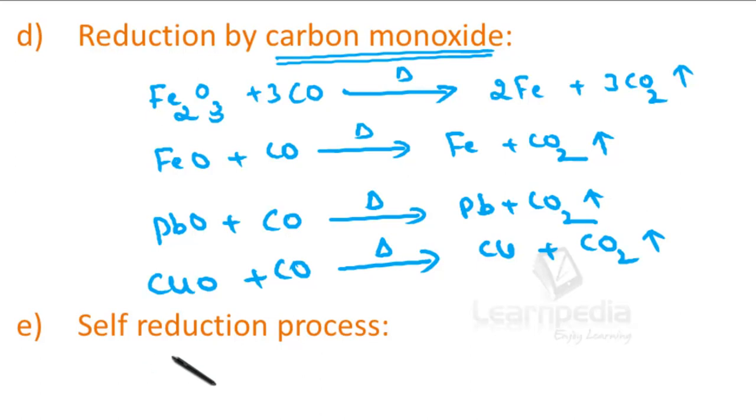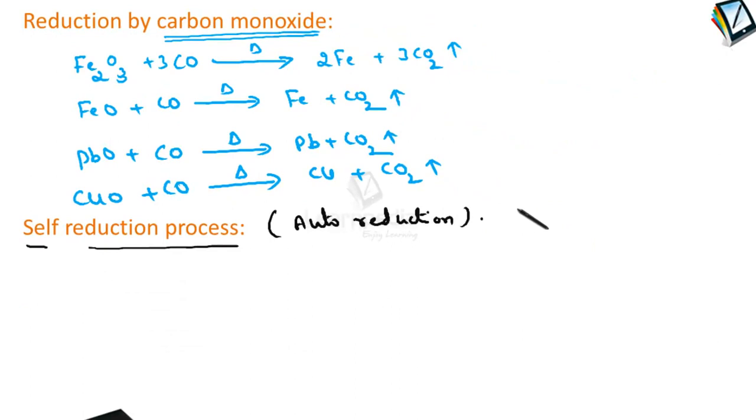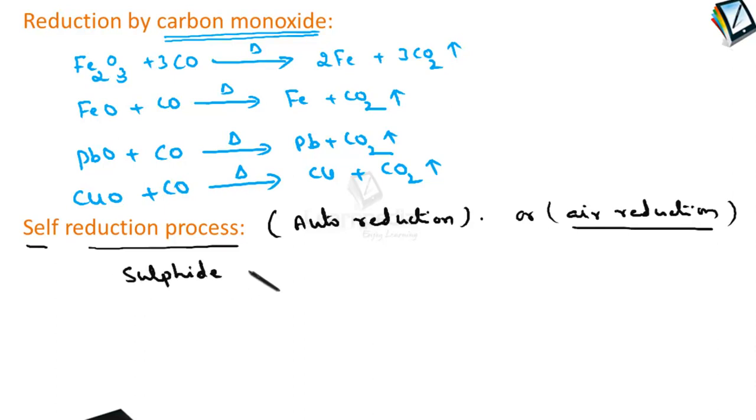And we have another important method called the self-reduction process. What exactly do you mean by this self-reduction process, which is also sometimes called auto-reduction or air reduction? That is, no external reducing agent is used during the process. This is particularly used in the case of sulfide ores of less electropositive metals.